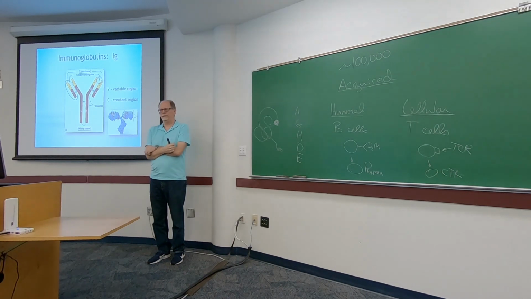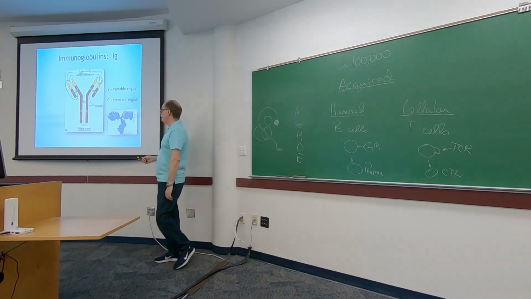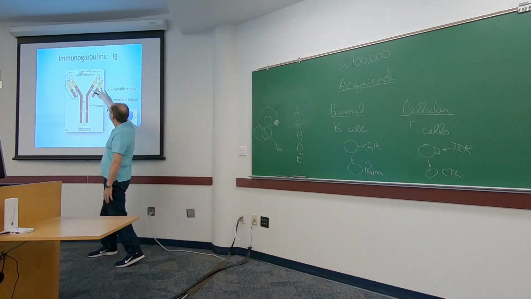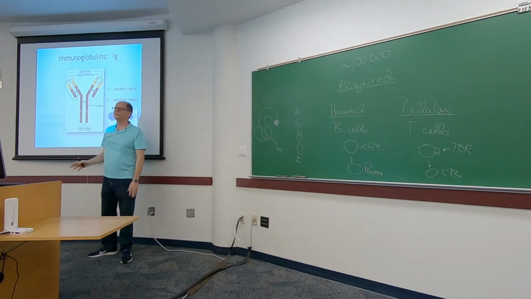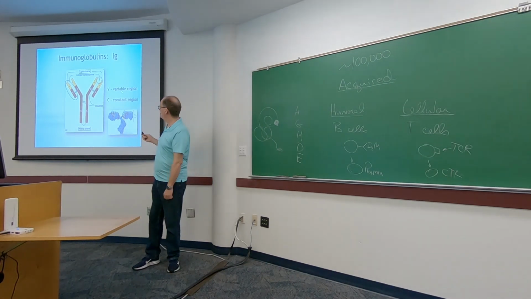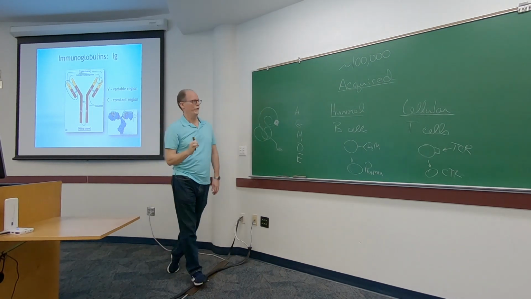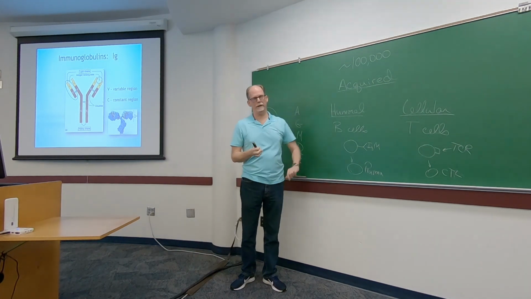They serve a purpose, right? They bind to antigen. They have what's called, I refer to it as, a lock. And it's a variable region because those amino acids have to have different shapes to bind to 100,000 different antigens.